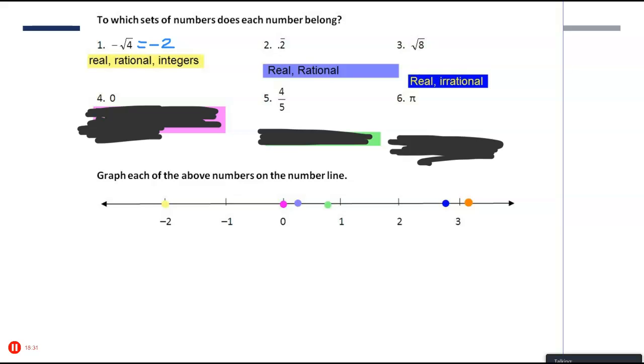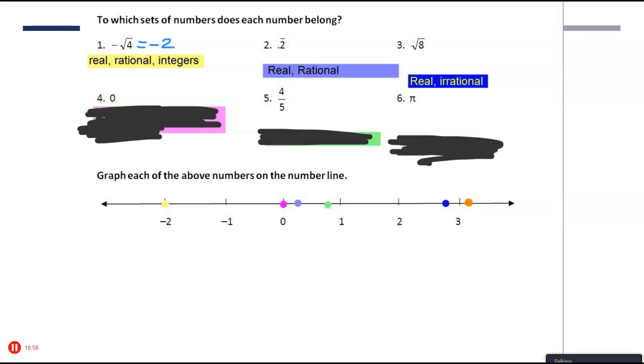Zero. So what is 0? Is it real? Can I make 0? Go ahead, Zoe. What do you think? It's rational. Is it anything else? Does 0 go on the number line? Yeah, so that makes it an integer.